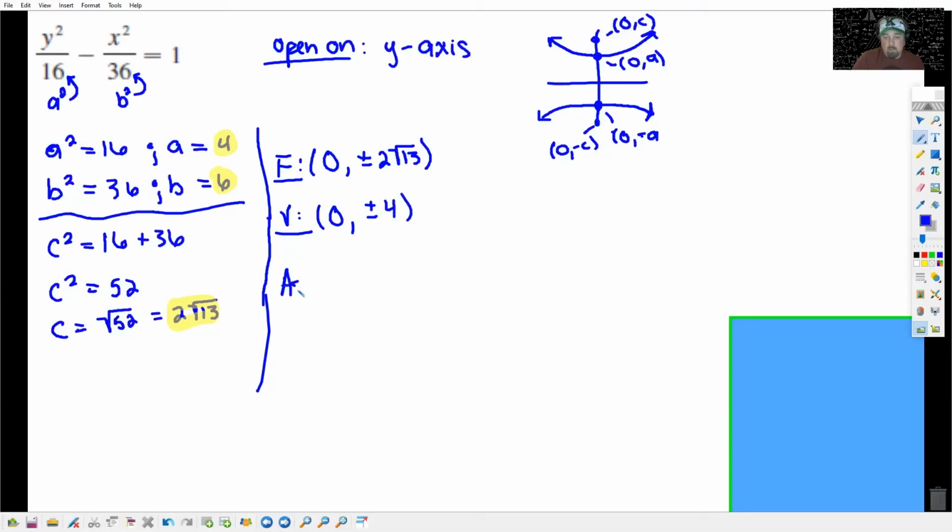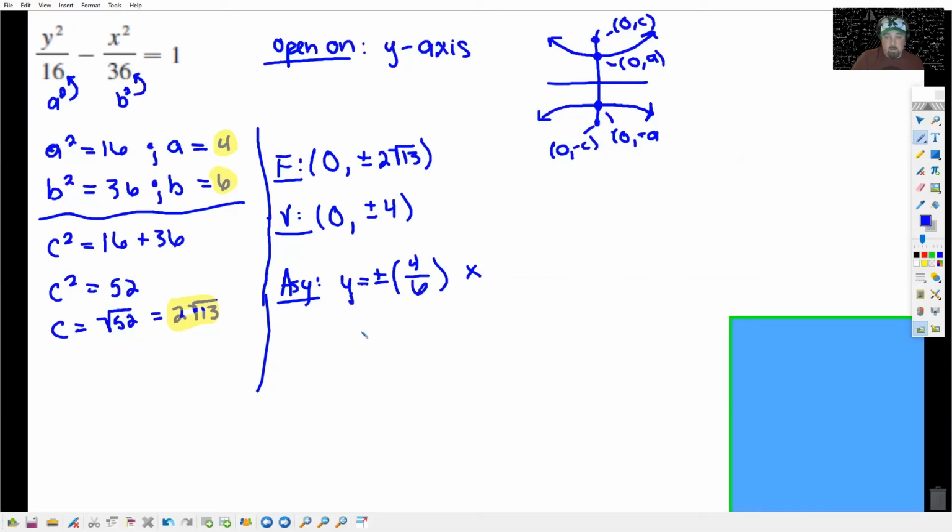And the asymptotes, they're always going to be y equals plus or minus some fraction times x. And the fraction is what we need to fill in. Now the fraction is always going to be some combination of this a and b, and we figure out which one goes on top by which one was associated with which variable. The 16 was associated with the y. That was our a. So that means this 4 goes on top.